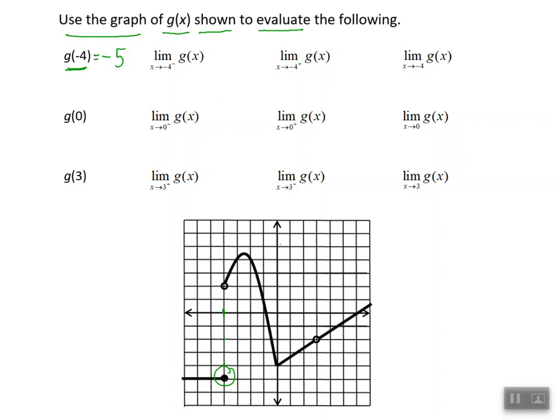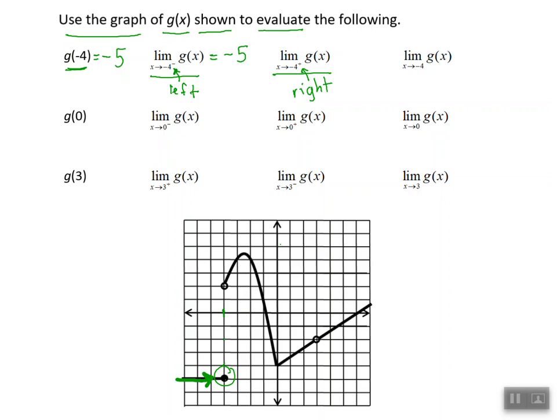Now I'm going to explore the limits as x approaches negative 4. This right there means from the left. Coming from the left, I'm going to see that the function is approaching the function value, which is also negative 5. This one shows coming from, because of that plus sign, the right of negative 4.